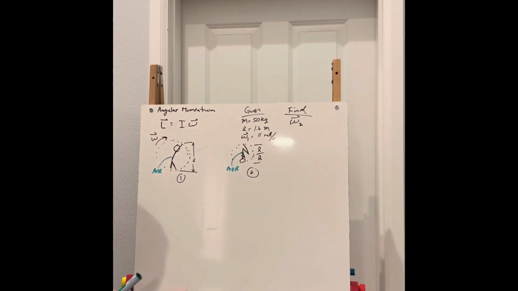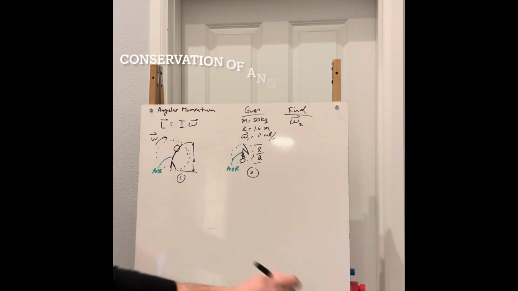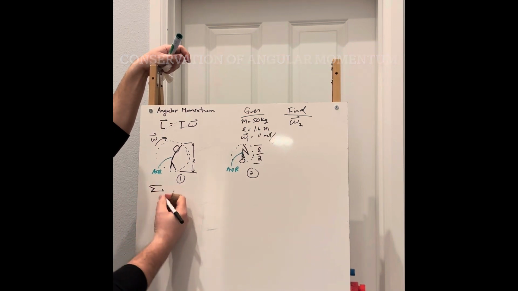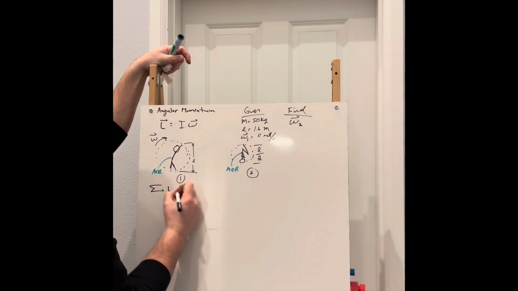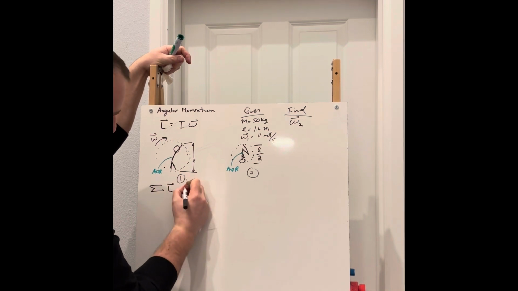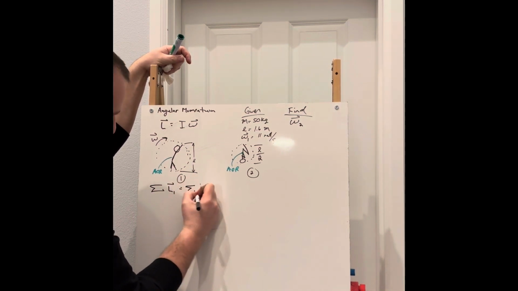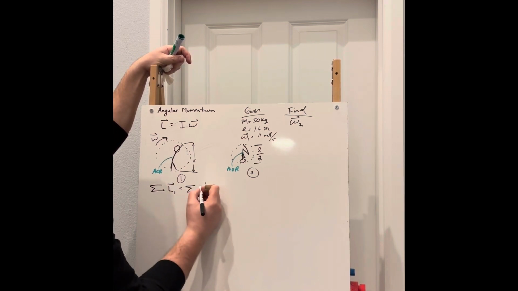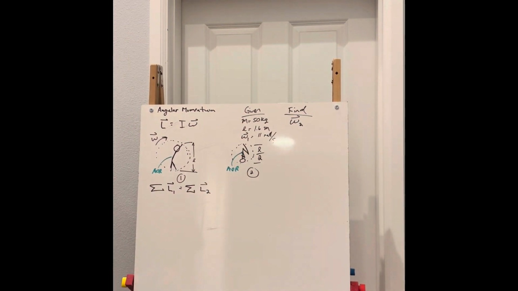So one way to do this is to say that the sum of the initial angular momentum equals the sum of the angular momentum at position 2.